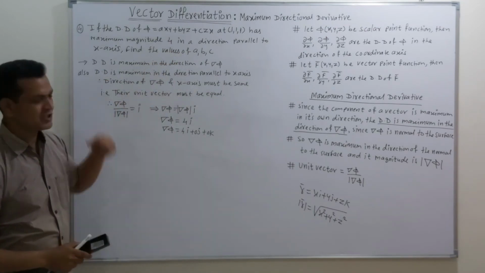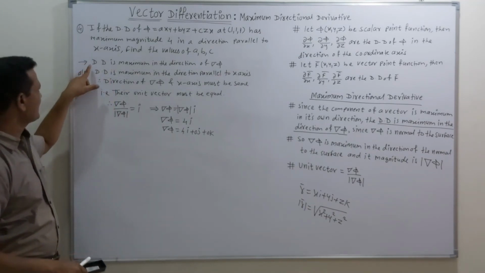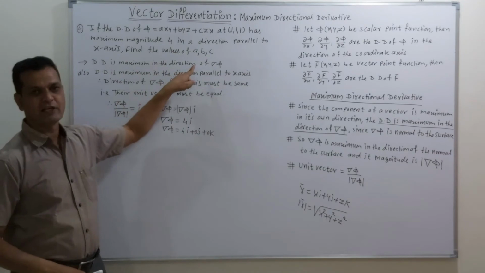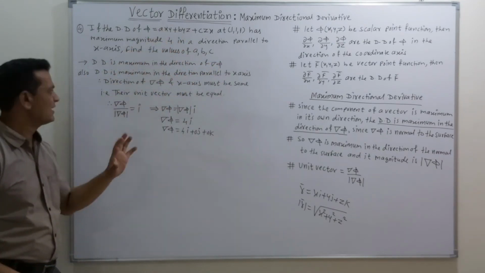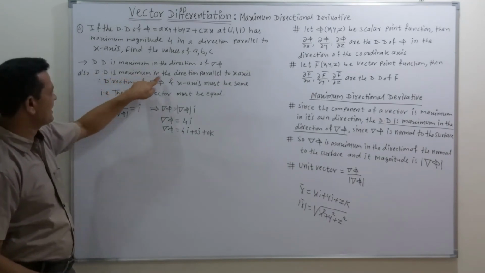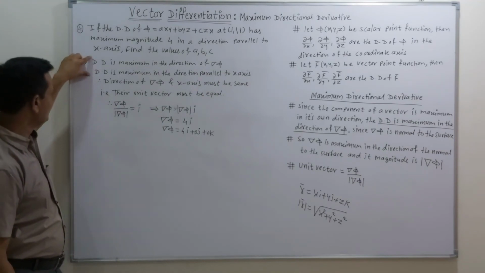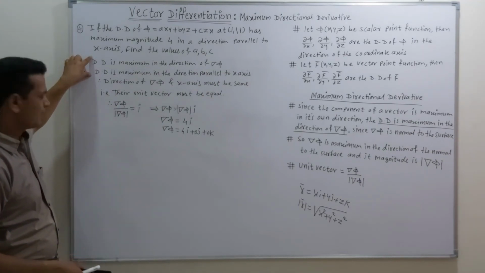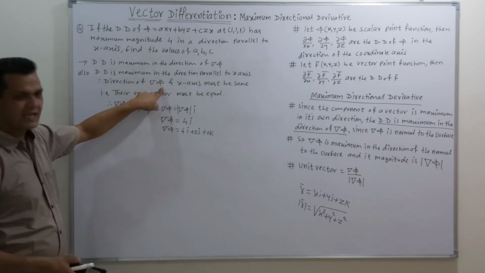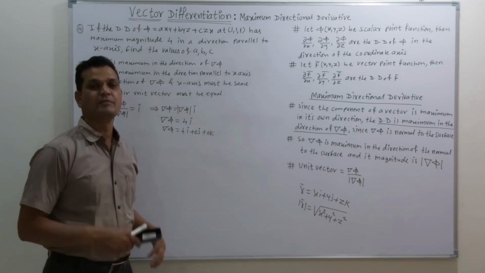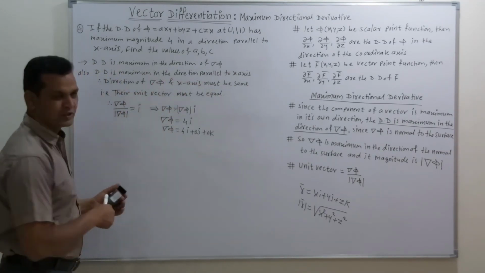Now friends, for solving this type of maximum directional derivative problem, we first know that the directional derivative is maximum in the direction of del phi. Also, in the given example, the directional derivative is maximum in the direction parallel to the x-axis. Because of these two statements, this implies that the directions of del phi and the x-axis must be the same.